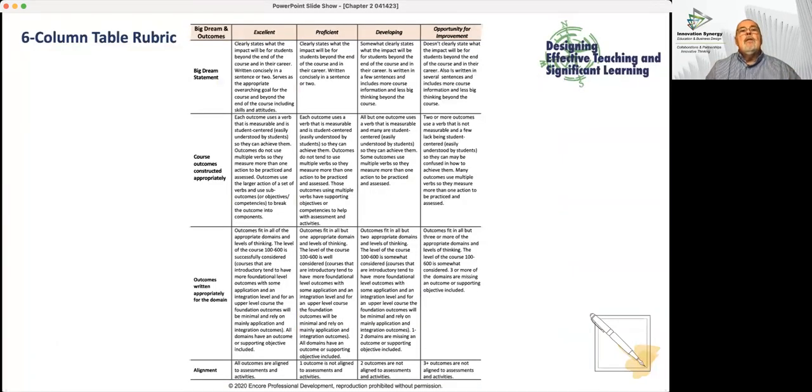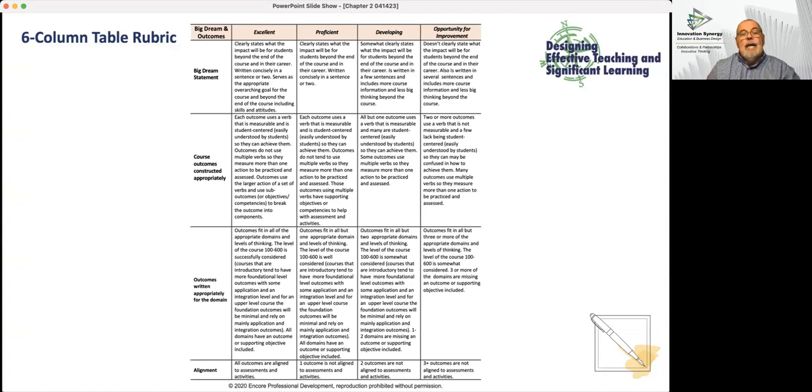All right, so we've also included in here, it's not in the book, but it's included in this course, a kind of a rubric for you to take a look at about your big dream statement, about your course outcomes, that they're written appropriately, that they're constructed appropriately, and there's a difference between those, and you can see as you go through that they do align with one another.